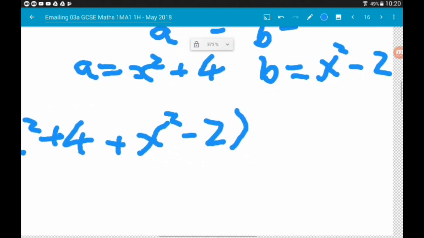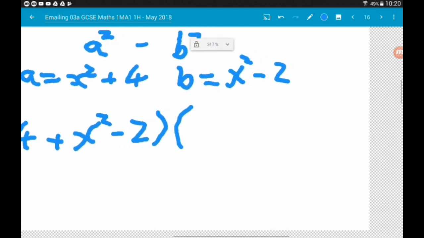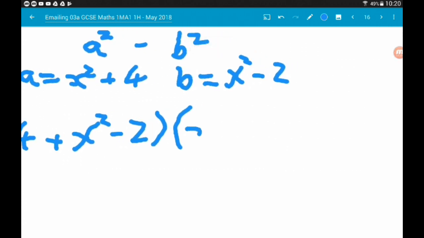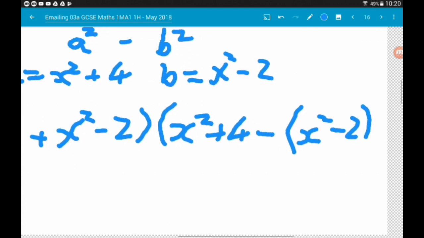And then in our second bracket we want a minus b, so we want x squared plus 4 minus x squared minus 2.